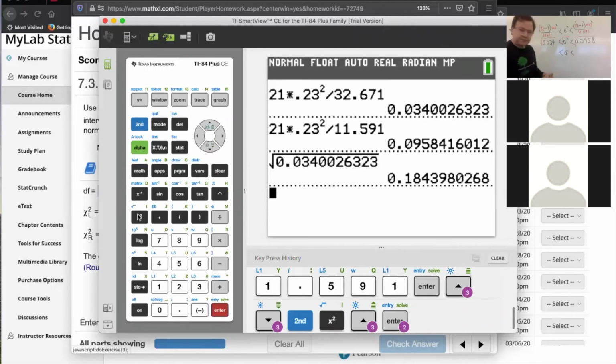And for me, I end up with 0.184. I decided to round off to 3 digits because my original sample standard deviation had 2 digits. Usually we just keep 1 extra. So 184, and we'll do the same thing over here.